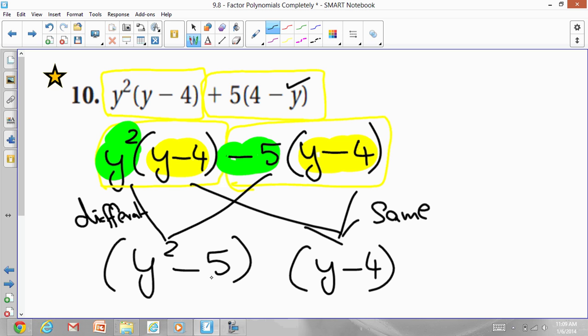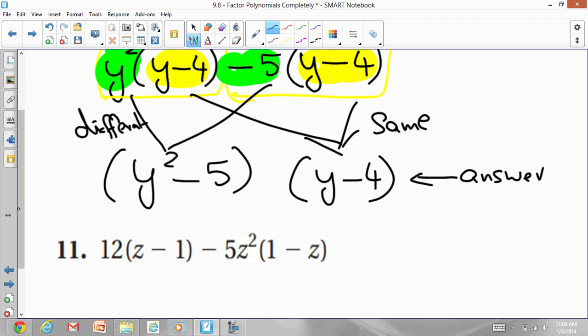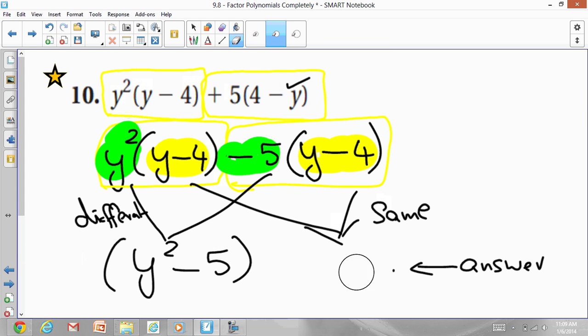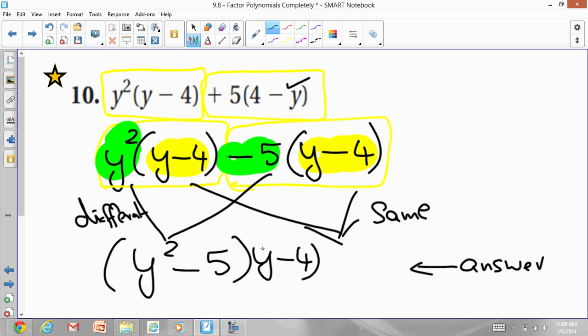So (y squared minus 5) times (y minus 4) will be the answer. Just write it close, y minus 4, with no gap or anything. So this will be the answer.